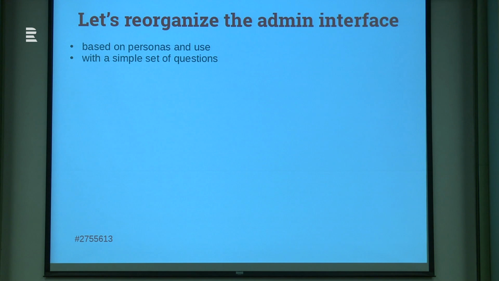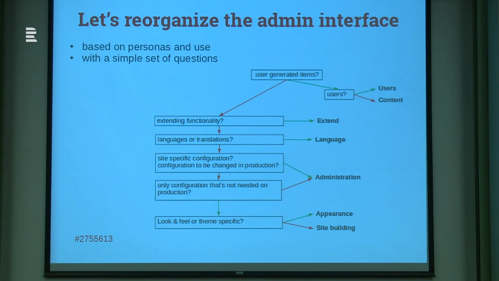Is this page to be used on a live site or only on the development site? Is this used by the content creator or by the front-ender, themer? And we could come up with a simple set of questions that, if you go through them, you would know where to put all of these pages.